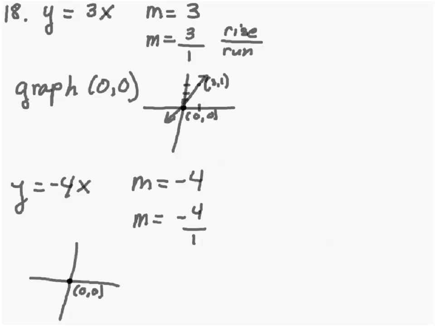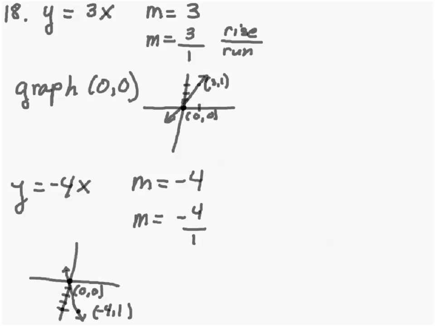Okay, plot 0, 0. And then you said to go down 4, and right or left 1? Right. Exactly. So now, can you tell me what the location of that point is? You go down 4, right 1. -4, 1. Yes. Okay, that's number 20.